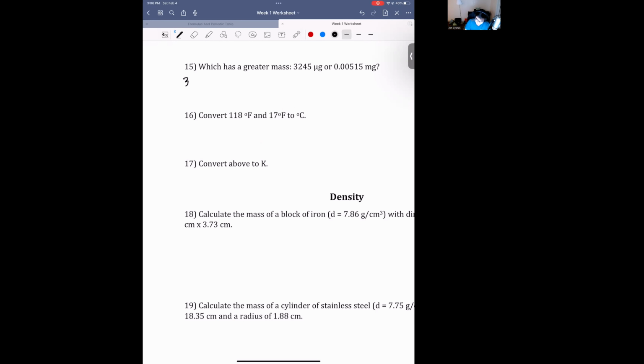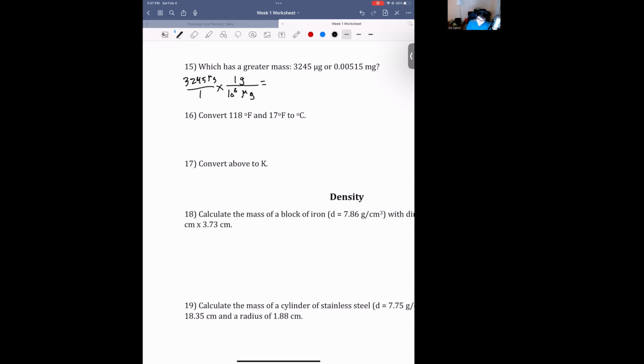So 3,245 micrograms. I'm going to convert this into grams. I know that there are 1 million micrograms. Just going to have to memorize it for every 1 gram. And then let's go ahead and convert this.